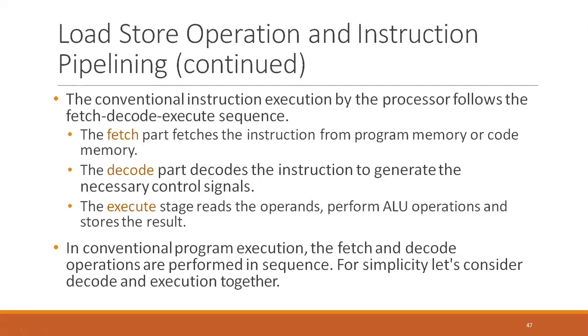Once the decode stage is over, the instruction will be executed by reading the operands and performing the ALU operations and storing the result onto a register or a memory location, right? These are the three stages of the instruction pipeline: fetch, decode, and execute.